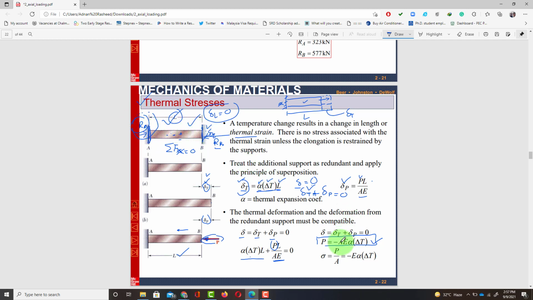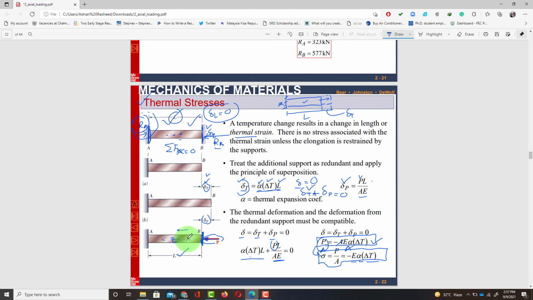Now one more thing is that if you divide by A on both sides, that will be P by A, this A will be cancelled, so P by A is equal to sigma, and this sigma is equal to minus E alpha into delta T. Now this is known as thermal stress, because due to this reaction there is no elongation in this rod, but if no elongation is there, definitely thermal stresses will be generated in this body.